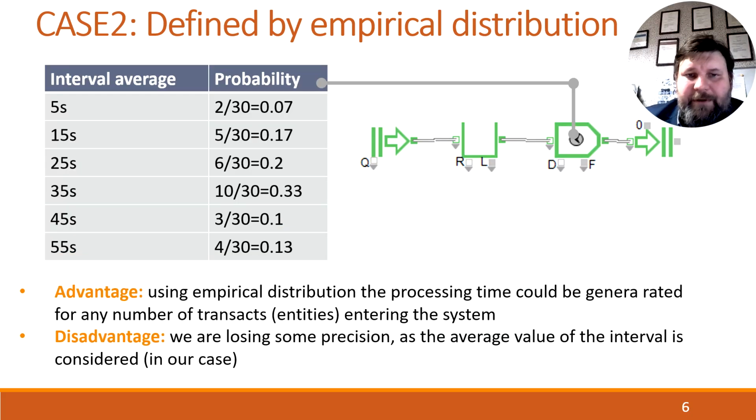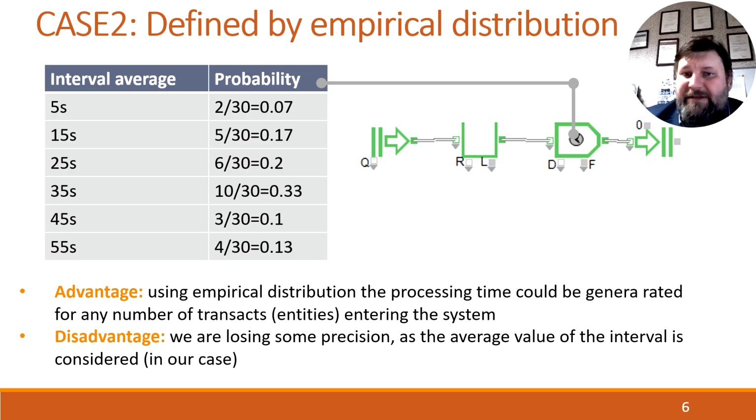So to continue the discussion about the second approach, case number 2. Here we use the empirical distribution which we have just developed inside the model, meaning that each processing time value is assigned considering the probability. The main advantage is that we can now generate realistic processing times for any number of entities.